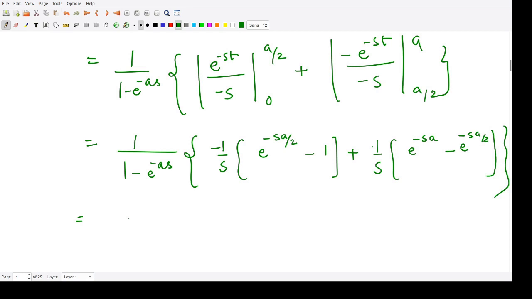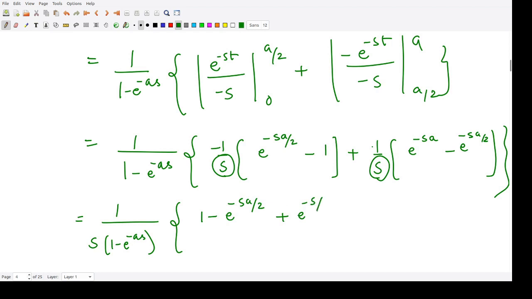So you could simplify this. Now s and s, because it is common, could be taken out. We have 1 upon s into 1 minus e to the power minus as, and we are left with 1 minus e to the power minus sa by 2, and here plus e to the power minus sa, and then minus e to the power minus sa by 2.